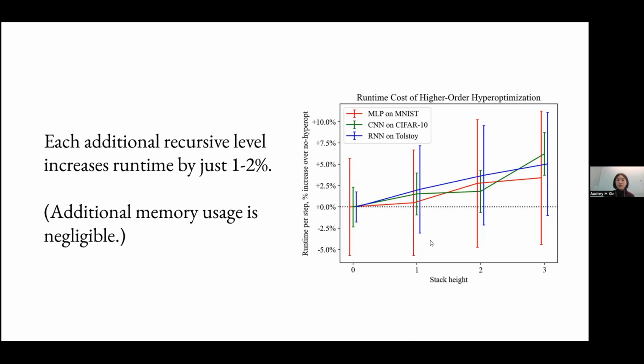In this graph on the right, we're plotting the stack height that we ran for each of these individual experiments, and on the y-axis, the percent increase in runtime over no hyperopt, meaning ordinary optimizer. You can see that this graph is linear, but each interval is only an increase by 1 to 2%. And furthermore, there's very negligible additional memory usage.